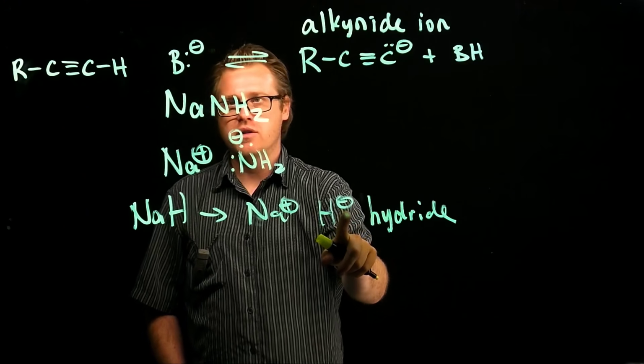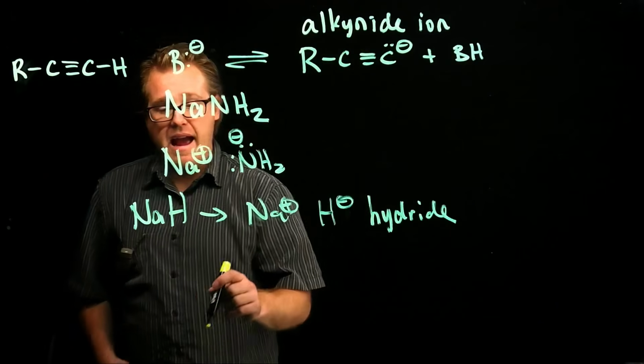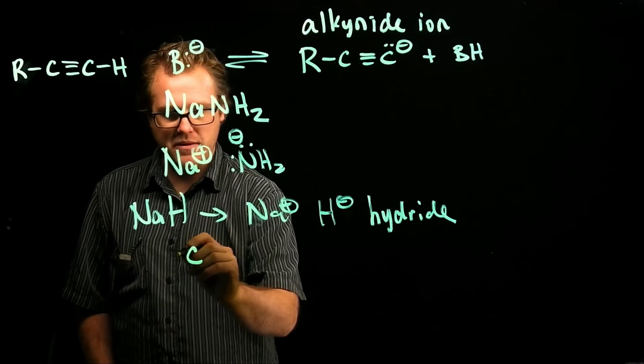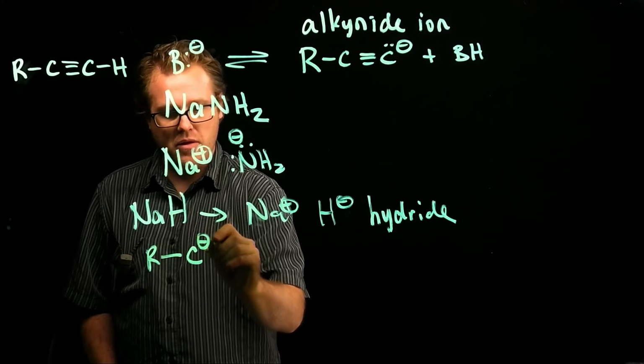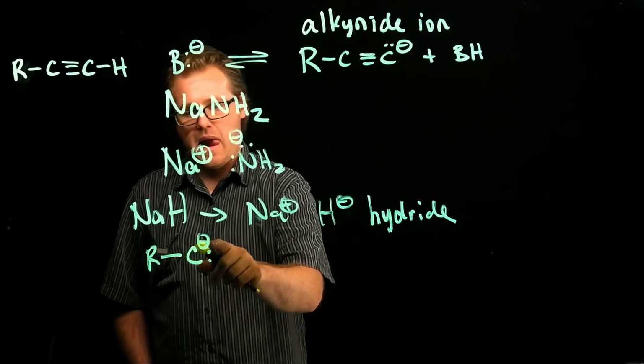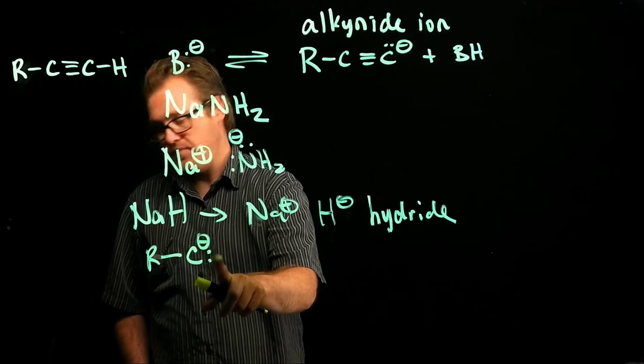And it's a strong, strong base. And then you can even have some bases where it's carbon-based. Like this, where you have a carbanion. And that species is very, very, very basic.